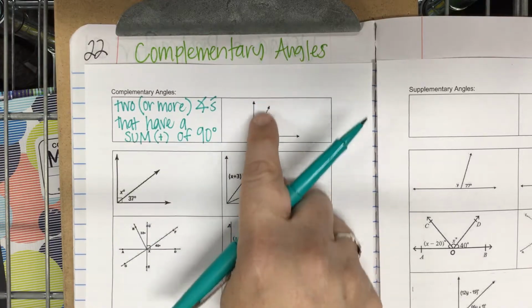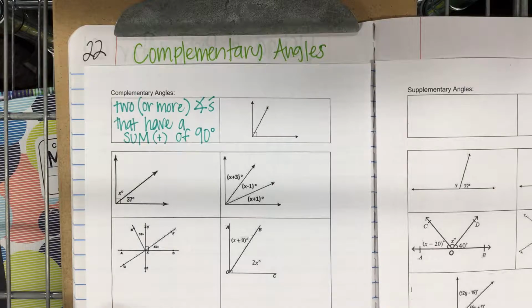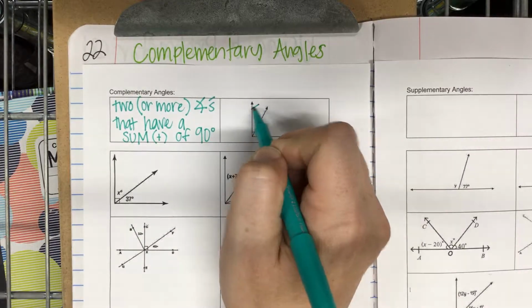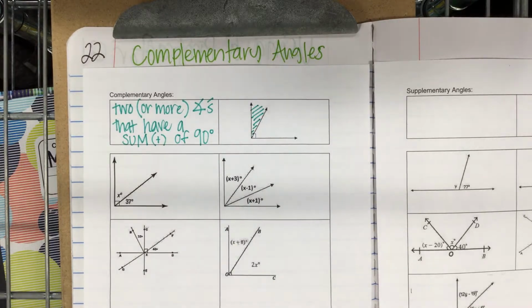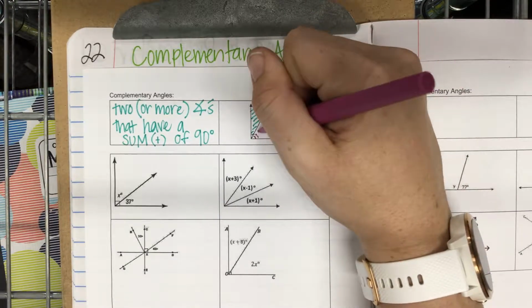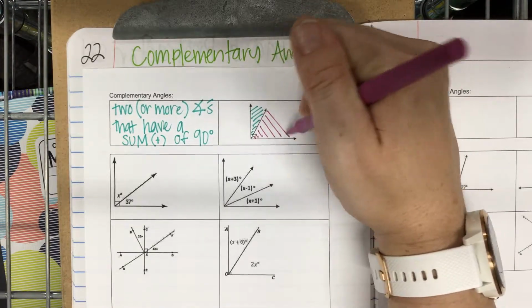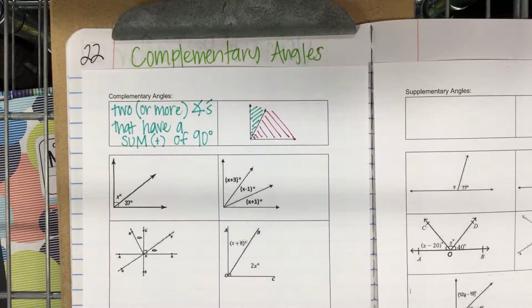For example, here's two angles, and together, those two angles, here's one angle, right? And then here's the other angle. And together, those two angles make 90 degrees.